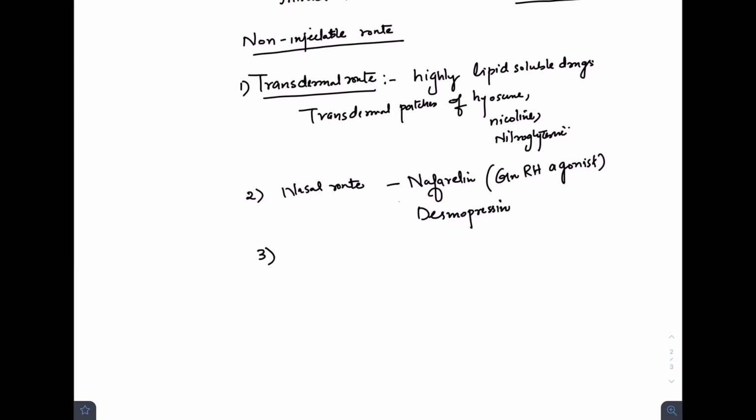The third route is the inhalational route. In the inhalational route, the drug delivery can be controlled.